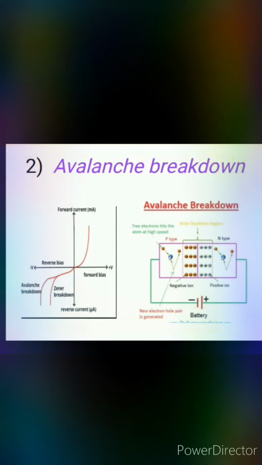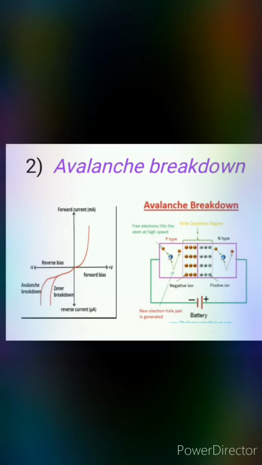Now moving towards the second type of breakdown, which is avalanche breakdown. Let me first explain the basic concept behind avalanche breakdown. It occurs when a high reverse voltage is applied across the diode. As we increase the applied reverse voltage, the electric field across the junction also increases.